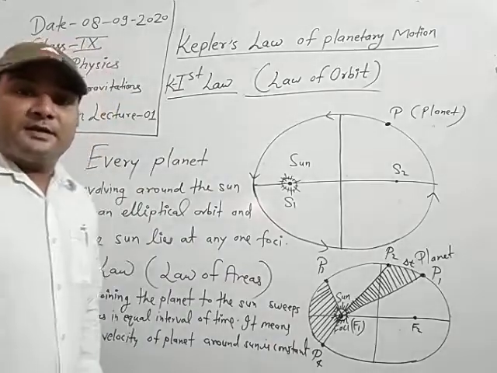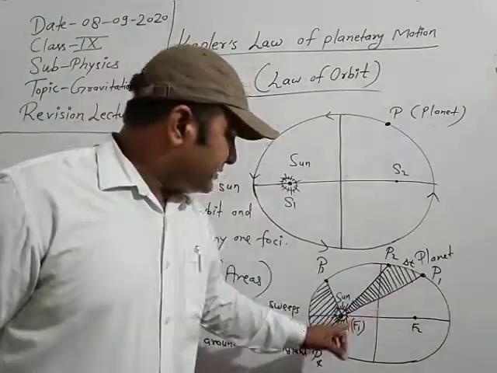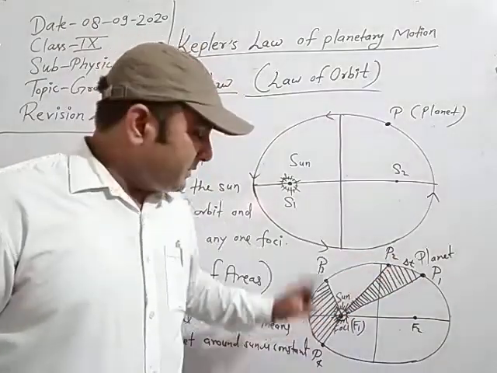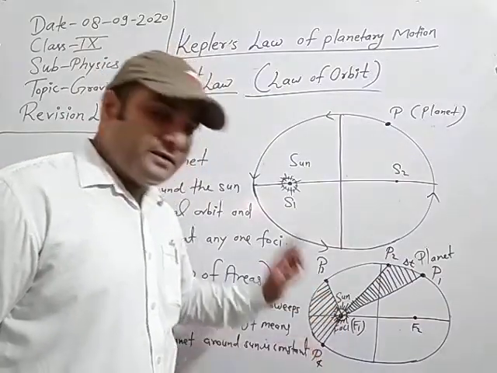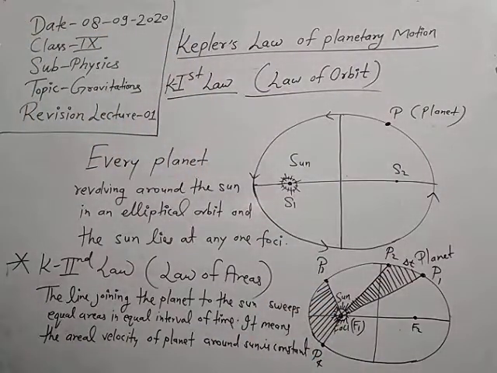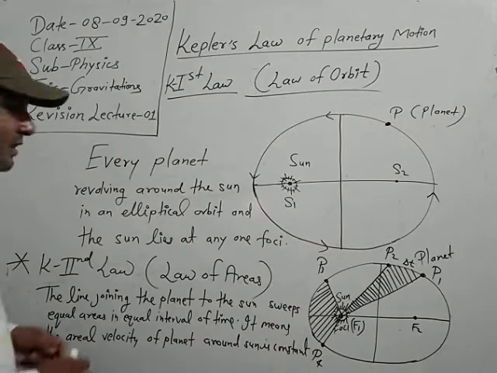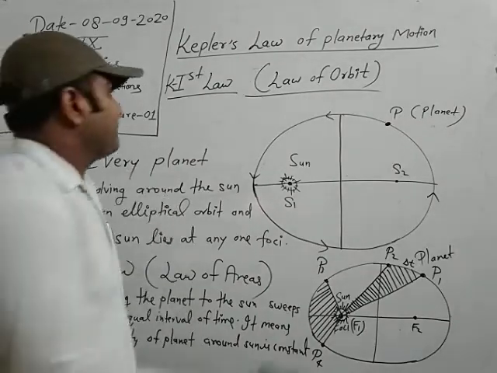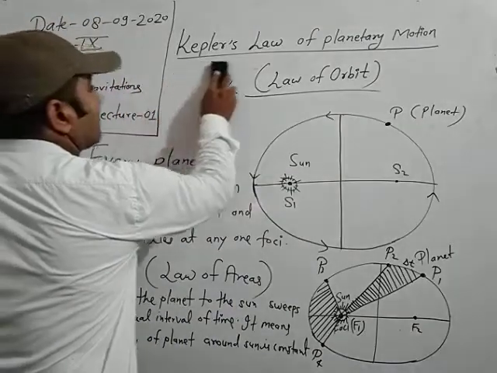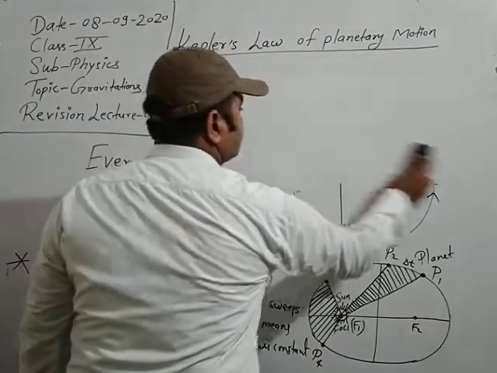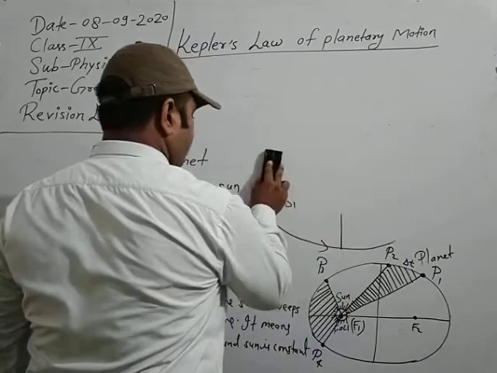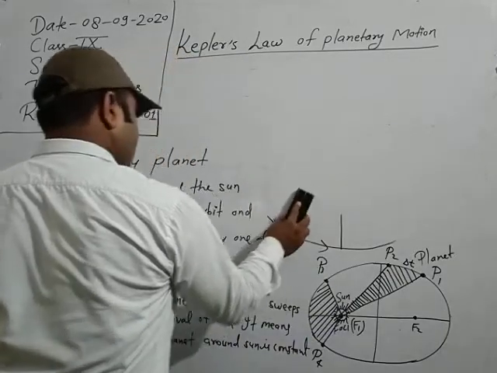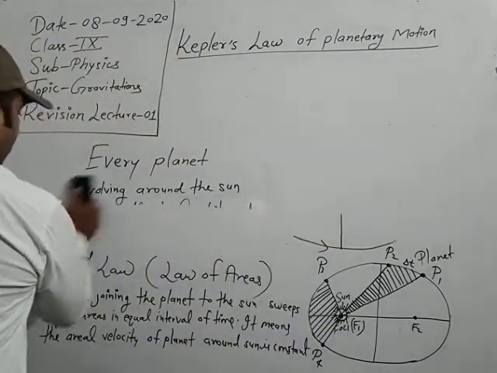Clear? It means this area P1 F1 P2 must be equal to P3 F1 P4. Let's see the mathematical concept of this statement. I am writing here. Very simple concept about the second law.